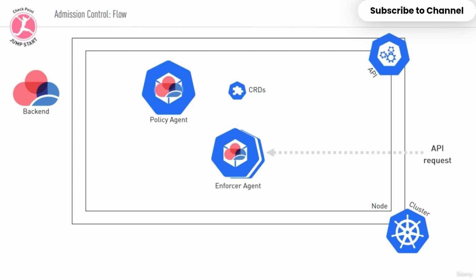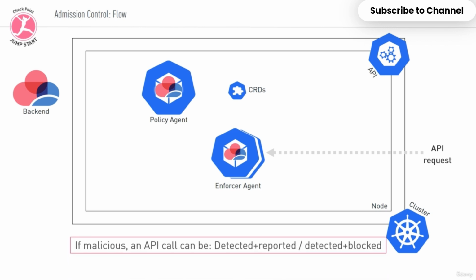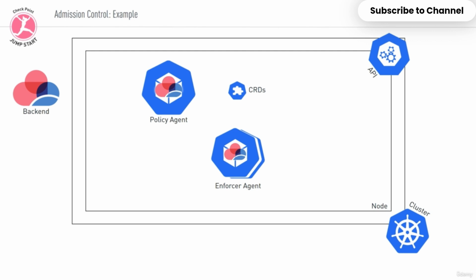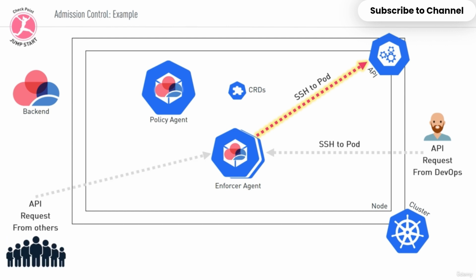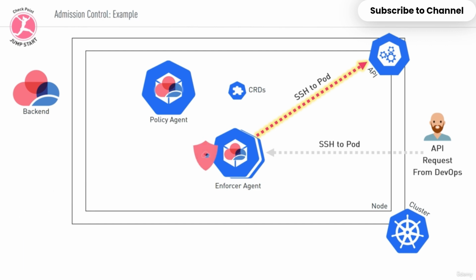Depending on the settings, if the call is malicious, it can either be just detected and reported, or detected and blocked. So for instance, only DevOps has permission to connect via SSH to a pod protected by CloudGuard. So the API call will be permitted to pass by the enforcer agent to the API server. API calls from all other sources in this case will be dropped before the API call is completed.